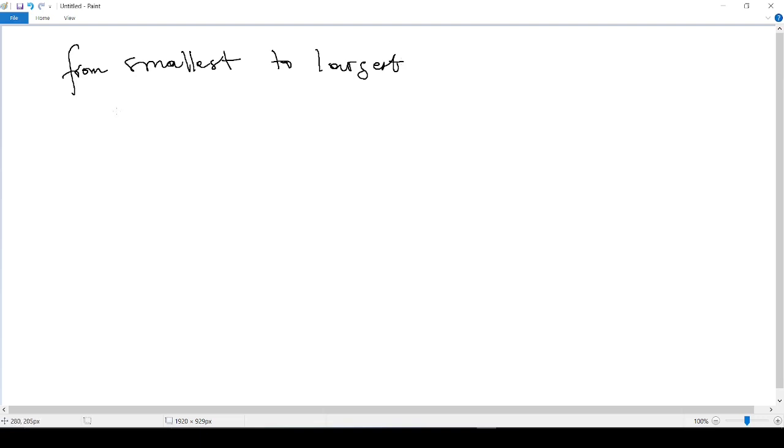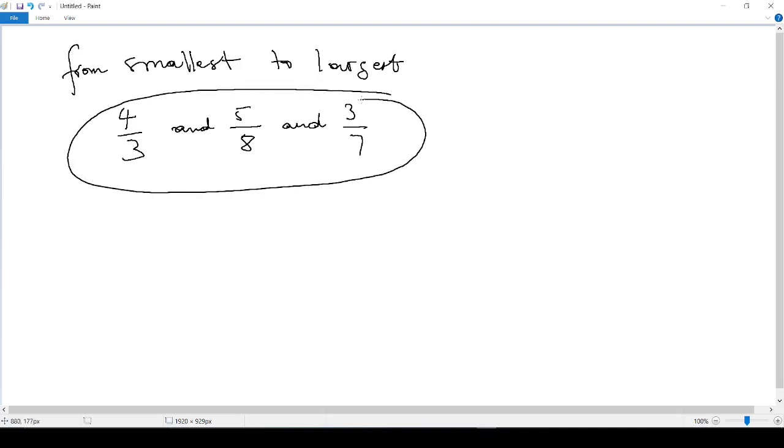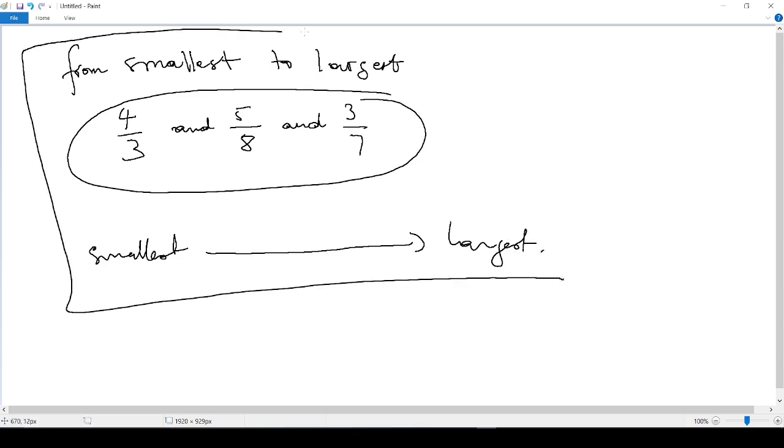Let's do it for a third, 5 over 8, and 3 over 7. Compare these three numbers and rewrite them from smallest to largest. Try it, and if you want, put your result in the comments. If you can't do it, say where you have an issue, and we will try to resolve it together.